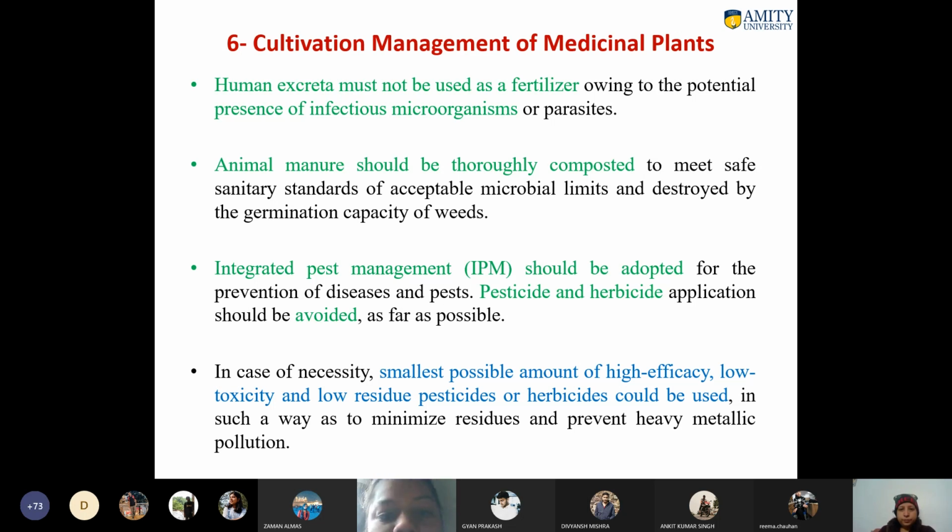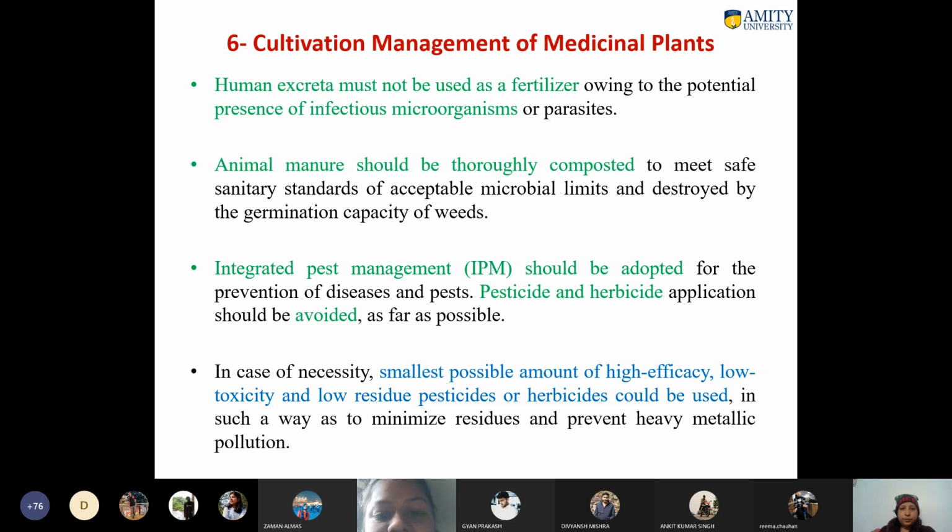Human excreta must not be used as a fertilizer owing to the potential presence of infectious microorganisms or parasites. Animal manure should be thoroughly composted to meet safe sanitary standards of acceptable microbial limits and destroy the germination capacity of weeds.